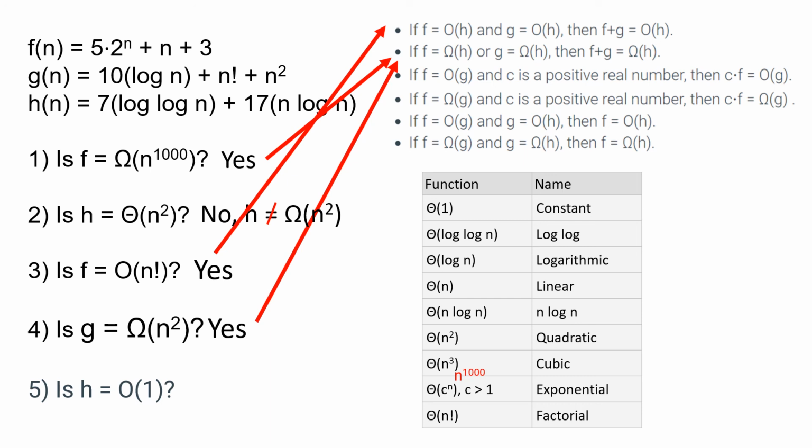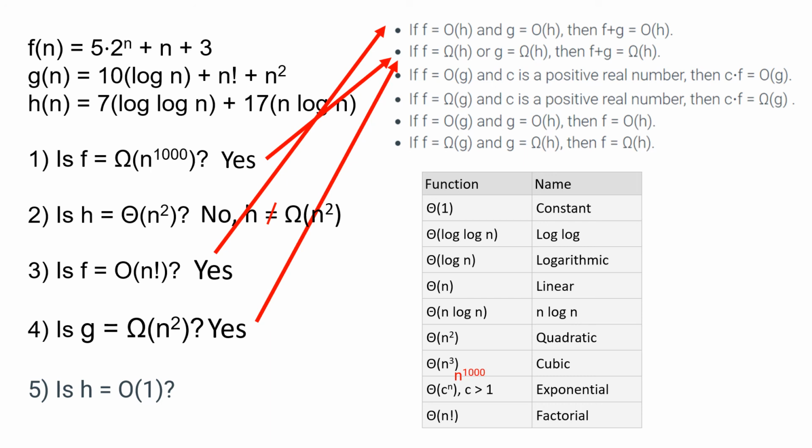So let's look at g. Do any of these terms, we've got 10 log n plus n factorial plus n squared, grow faster than n squared? Because we're talking about omega, n squared would need to be at or below it.